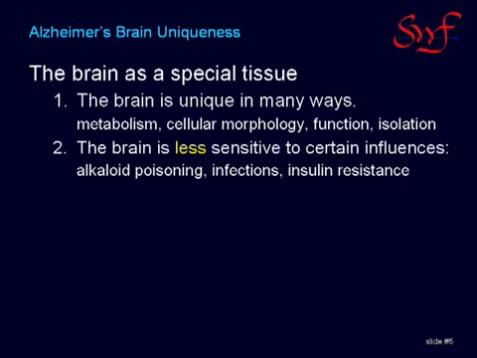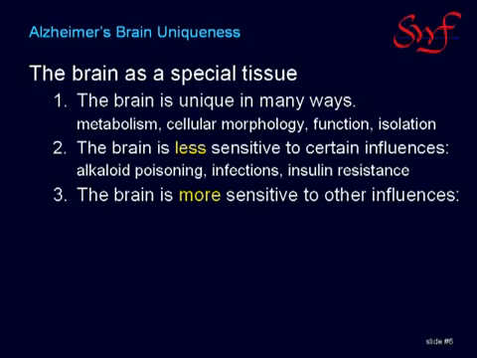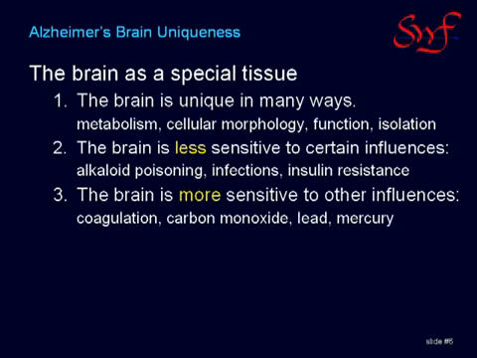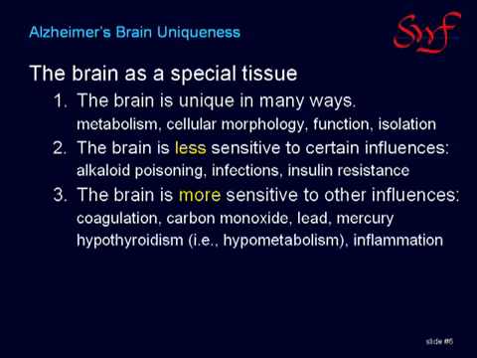These brain uniquenesses can also make the brain more sensitive to other influences, like excessive coagulation that impairs brain perfusion more than body organs, carbon monoxide poisoning, which also selectively damages consciousness more than body organs, heavy metals, especially mercury, which damage brain development to a much greater degree, and hypothyroidism, which directly undermines the energy that the brain disproportionately consumes.